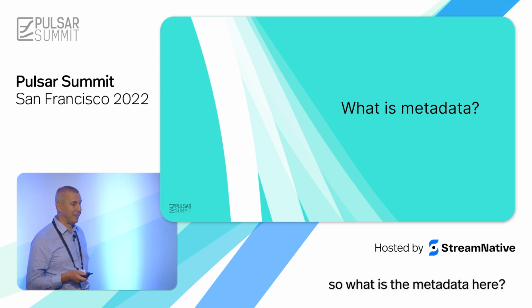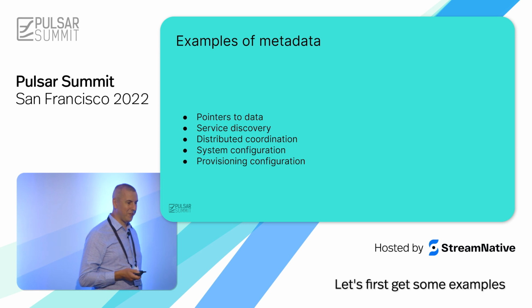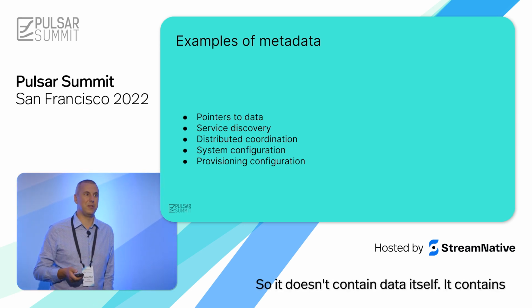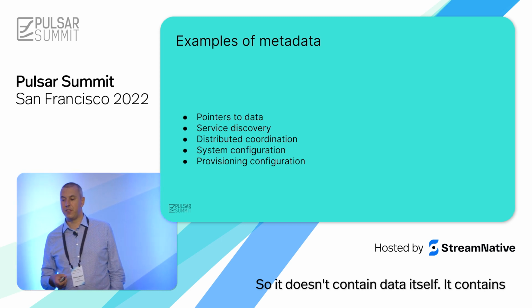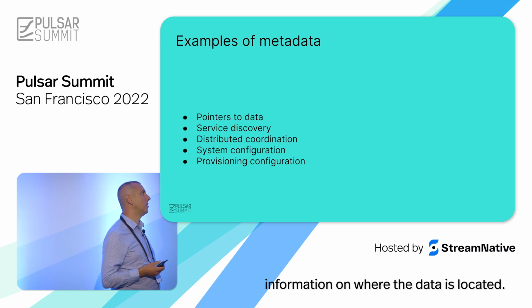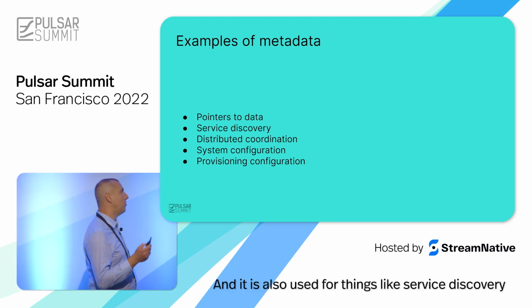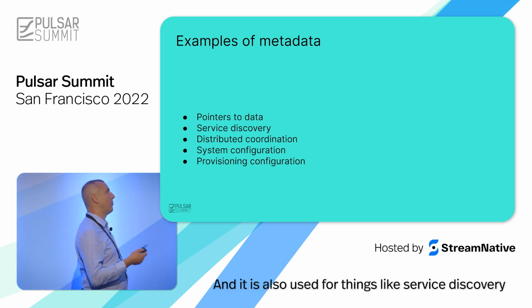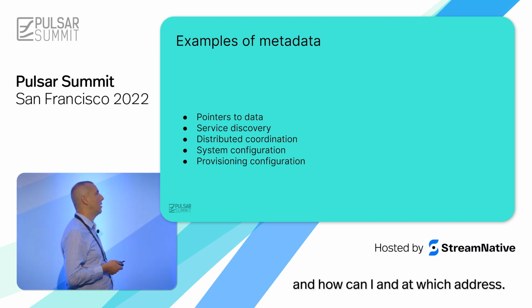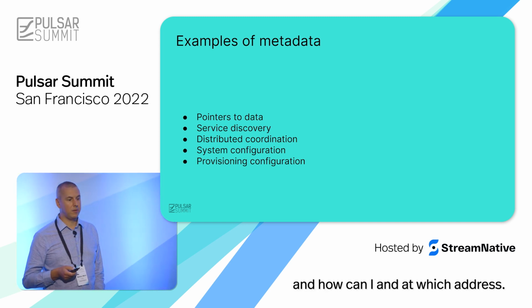So what is the metadata here? Let's first get some examples. Metadata typically is a pointer to data. It doesn't contain the data itself. It contains information on where the data is located. It is also used for things like service discovery: which brokers are available, which bookies are available, and at which address.